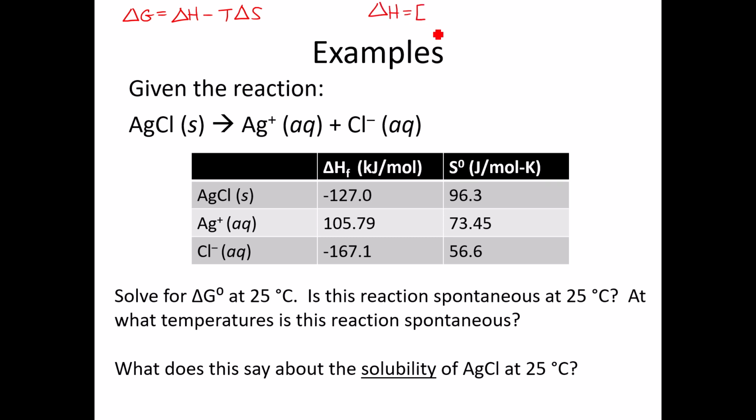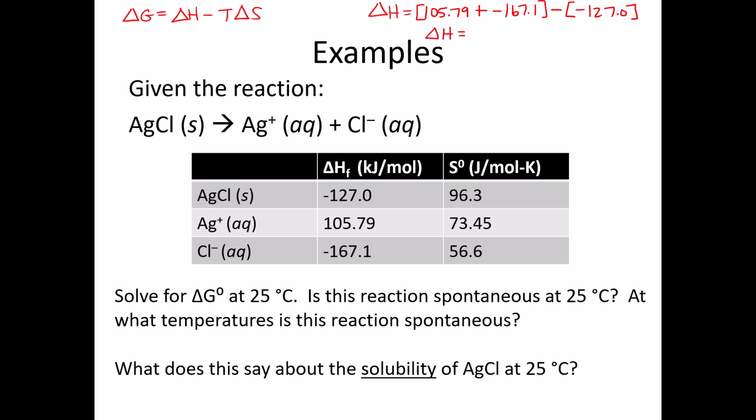Remember, products minus reactants. So we have 105.79 for the Ag plus and negative 167.1 for the chlorine. Then we're going to subtract the negative 127 for the AgCl.